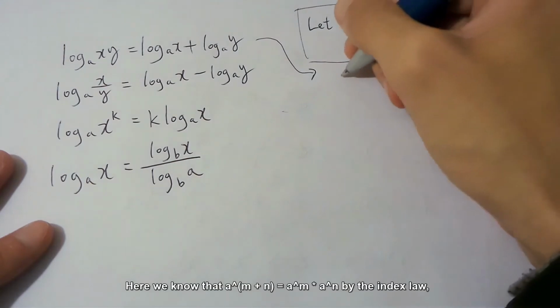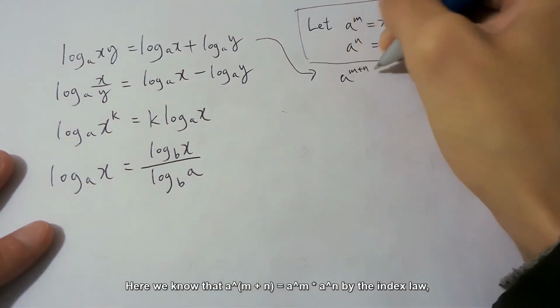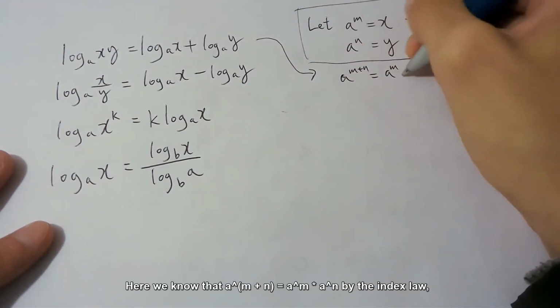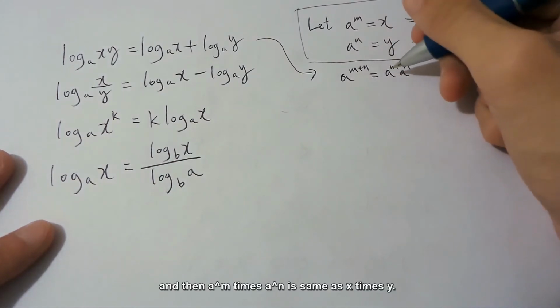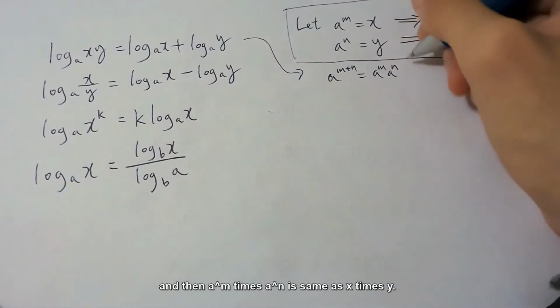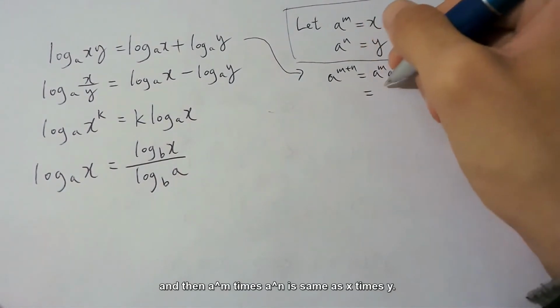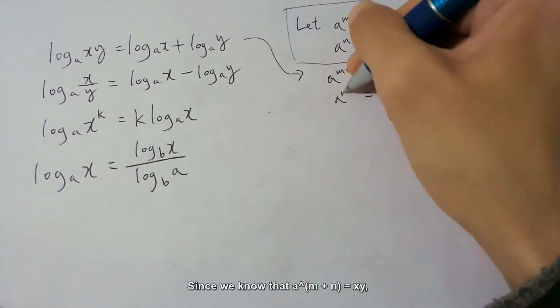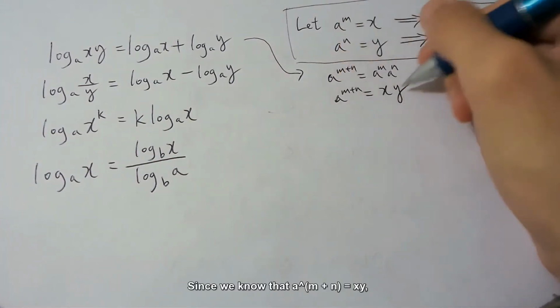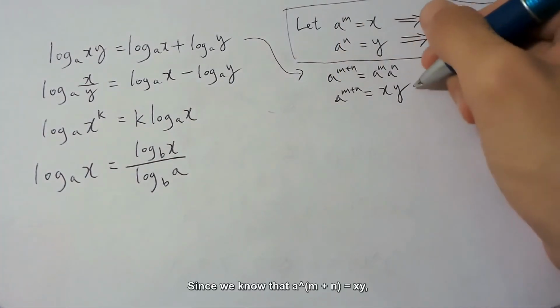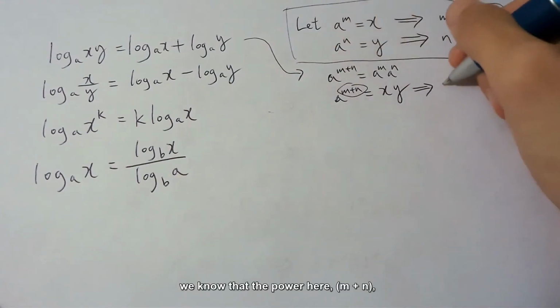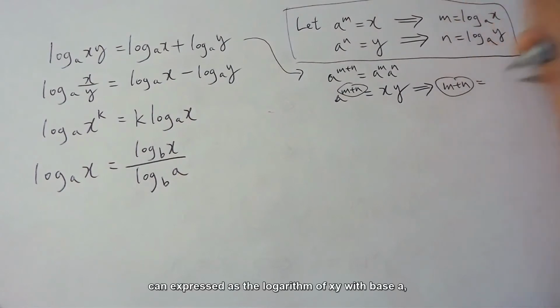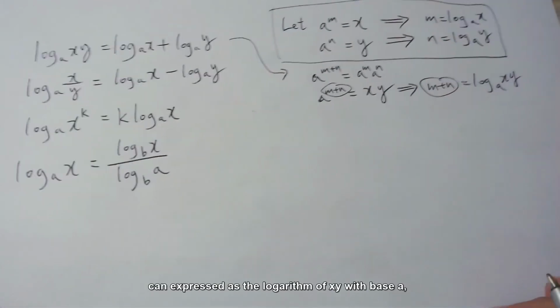If we would like to prove the first formula, then we can do something like this. Here we know that a to the power m plus n is equal to a to the power m times a to the power n by the index law. And a to the power m times a to the power n is the same as x times y. Since a to the power m plus n is equal to x times y, by the definition of logarithms, the power m plus n can be expressed as the logarithm of xy with base a.